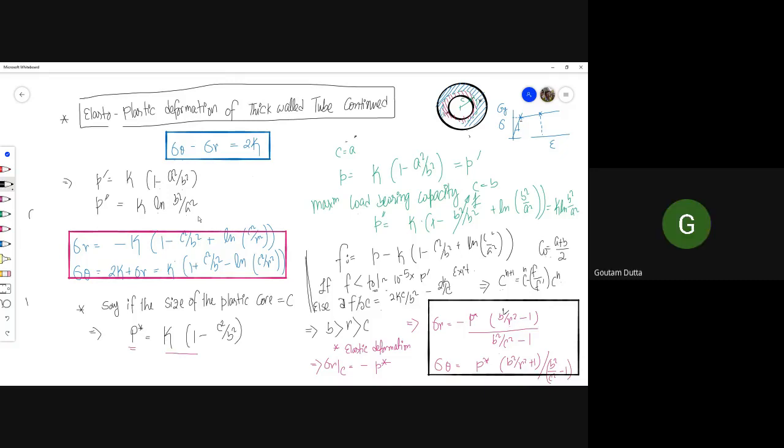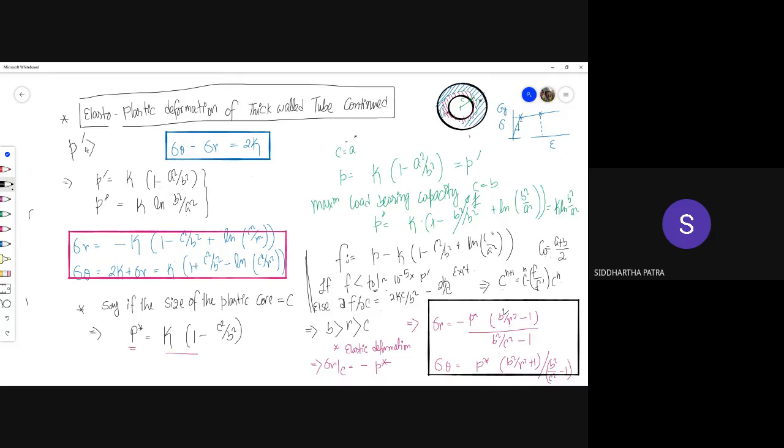P double prime. And how do you know that? It's not obvious from these two expressions. That's for sure. You know that because it has to be.